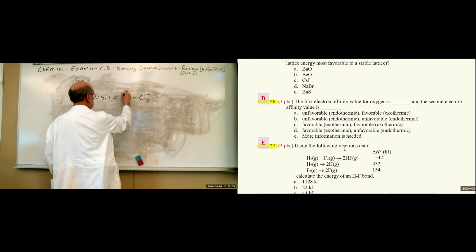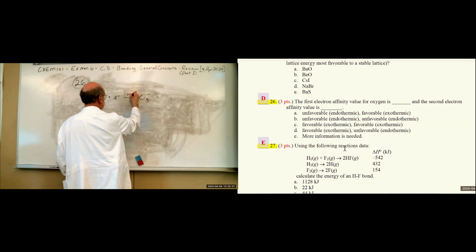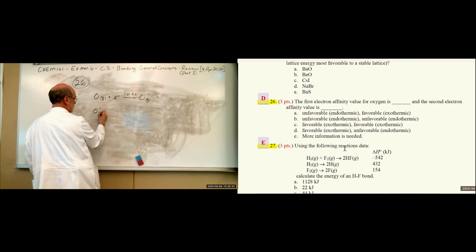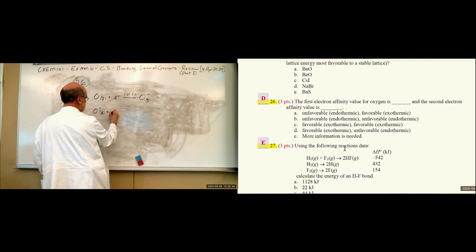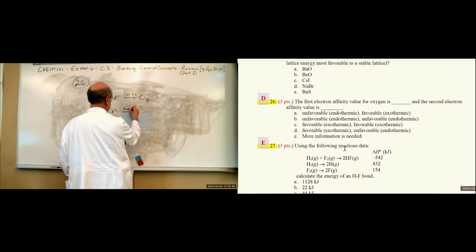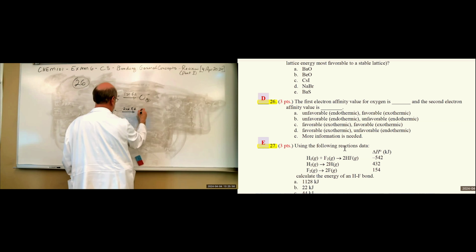That's the first electron affinity. The second electron affinity would be this one, plus an electron. This is the second electron affinity. We hadn't talked about that one yet.